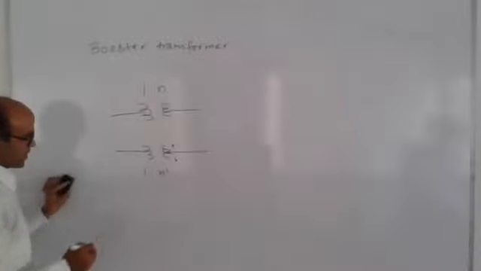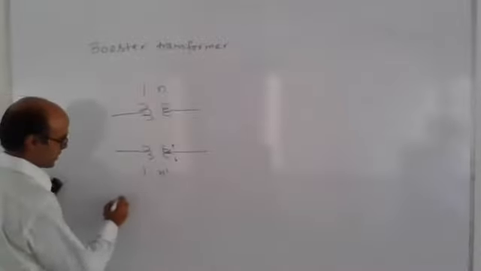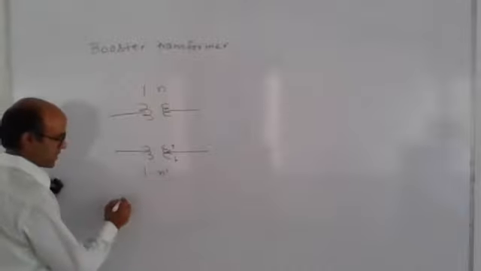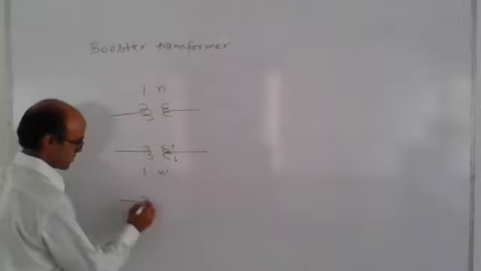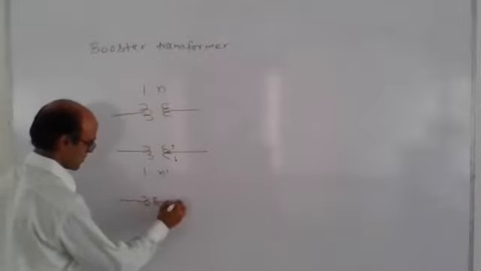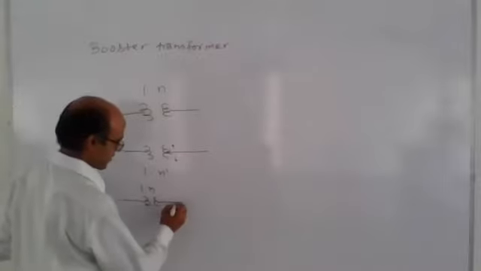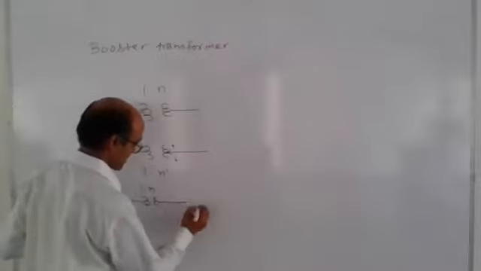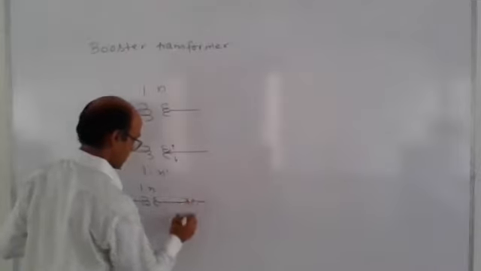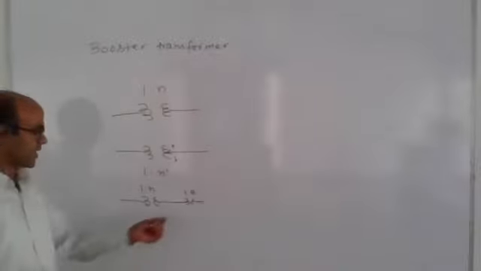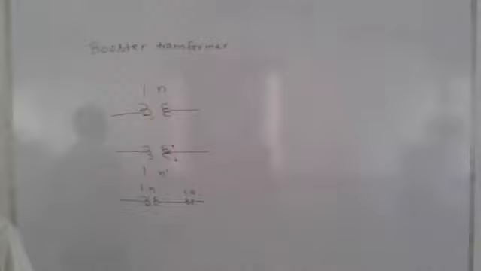So this transformer, in last class I told you, can be represented in two ways. One, you take a fixed number of turns, 1:n, that is the nominal transformer, and another transformer is 1:k, where k is the number of turns by which you are changing the turn ratio.